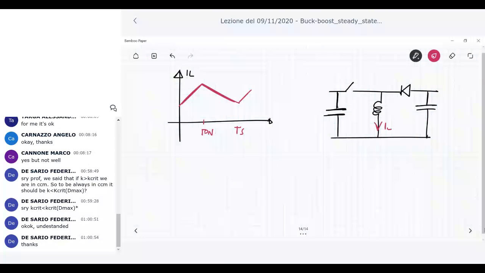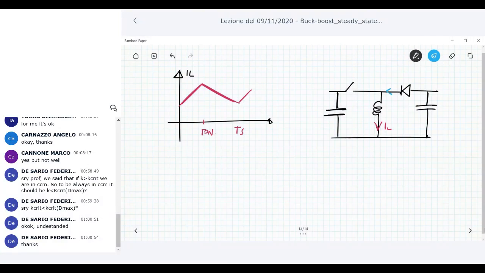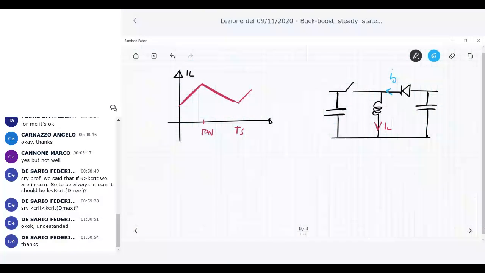What does it mean, for example, for the diode current? Let me show it in blue. The diode current is the same as the inductor current when the switch is off.